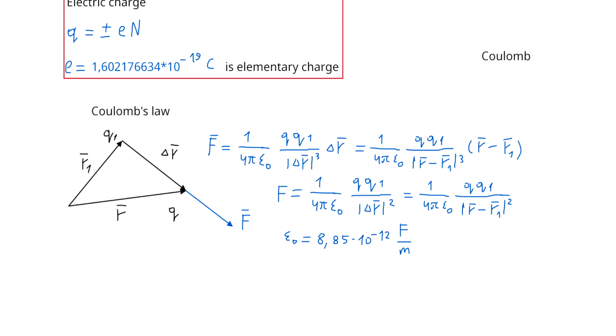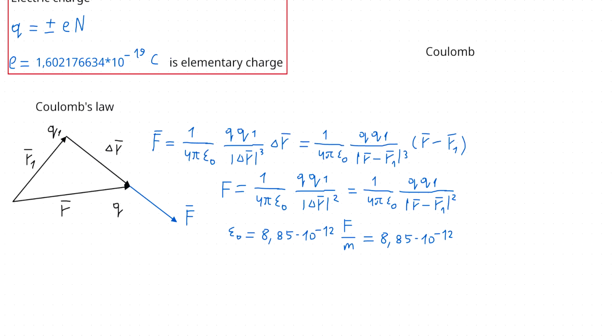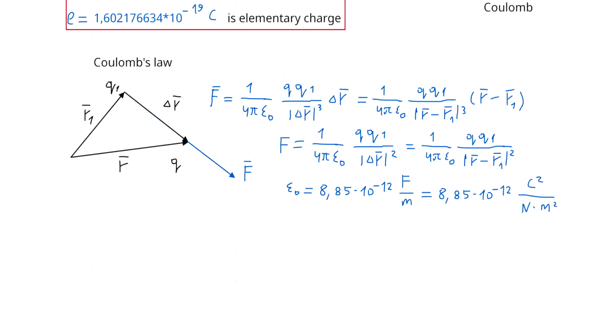It is the same as 8.85 multiplied by 10 to the power of minus 12 squared coulombs divided by newtons multiplied by squared meters. Yes, this will be correct.